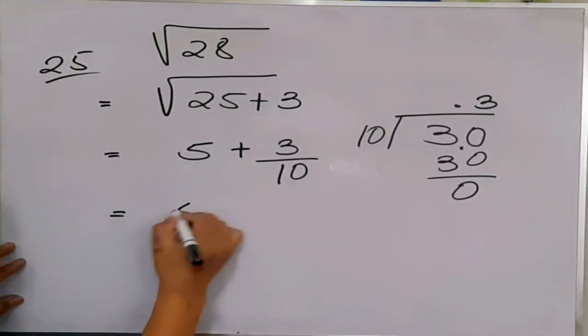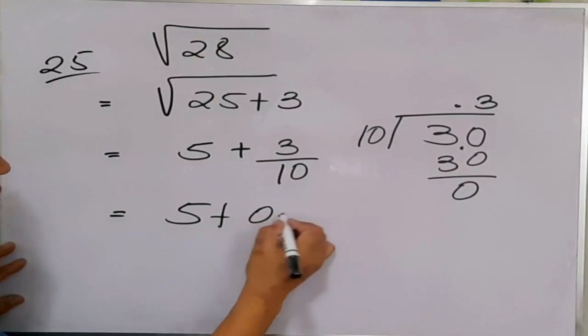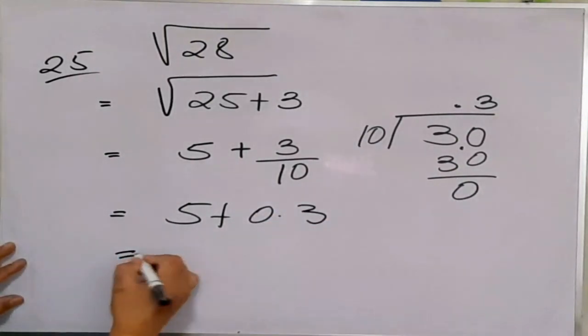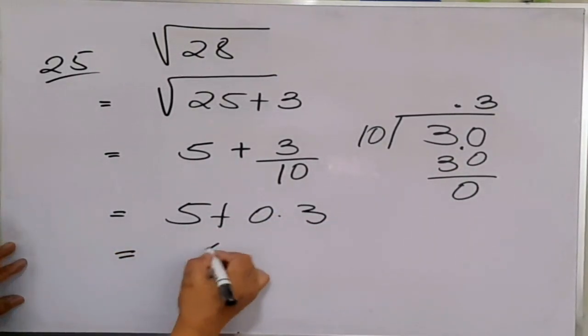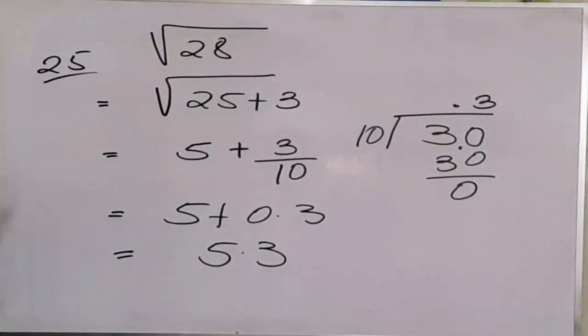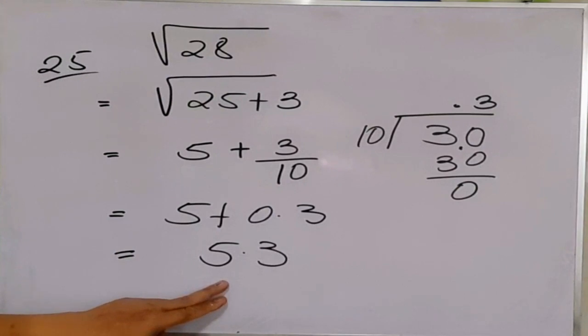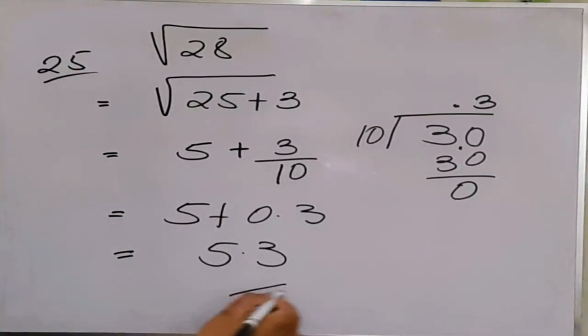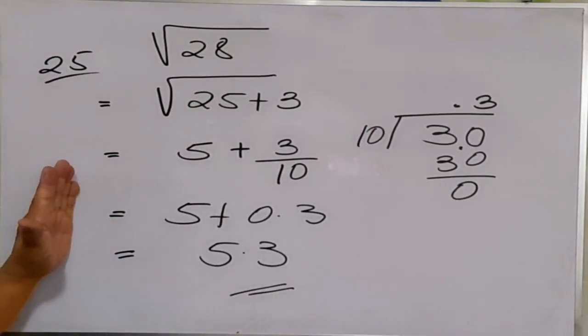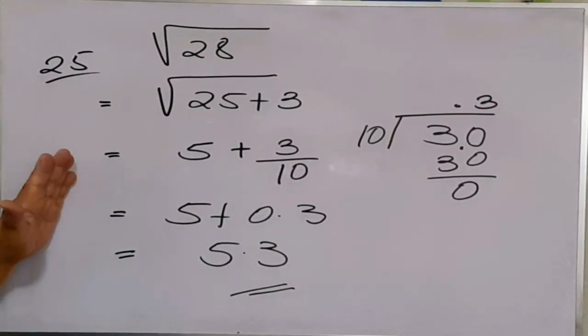And that is 5 plus 0.3. 5 plus 0.3 is 5.3. Therefore, the square root of 28 is equal to 5.3. So it's interesting, it's easy and simpler, right?